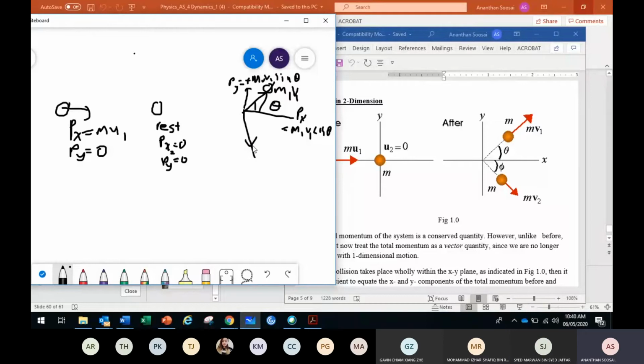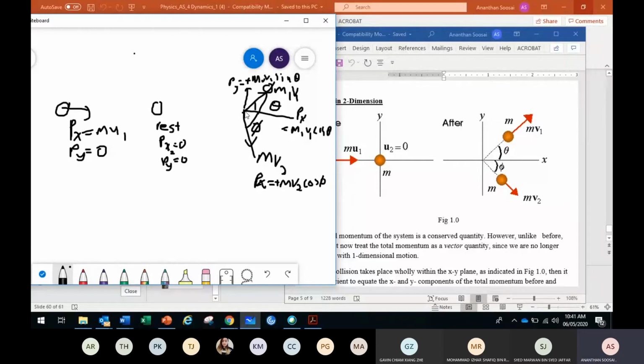And the second particle going down, m2 v2 at an angle of psi. Can you break this momentum into its components? What is the px value? m2 v2 cos psi, because you resolve horizontally. Is it positive or negative?